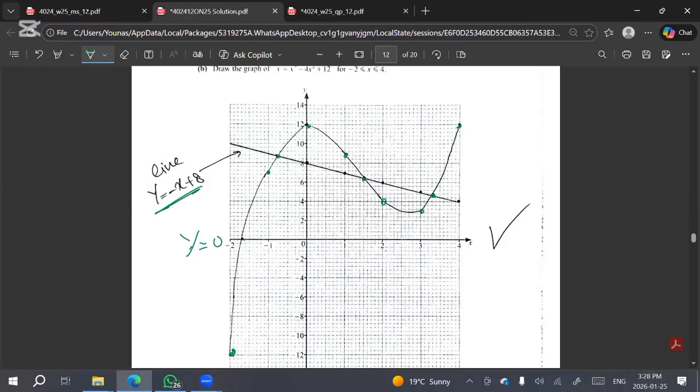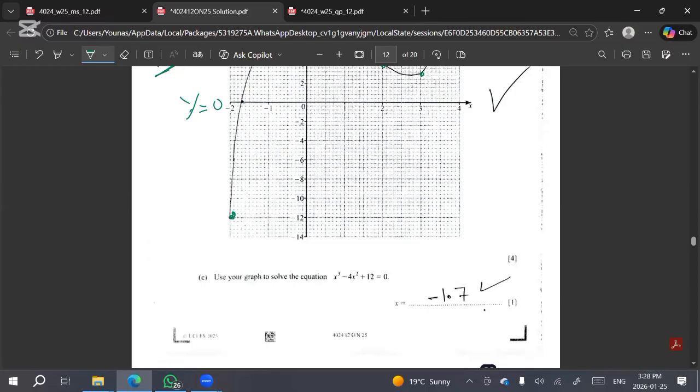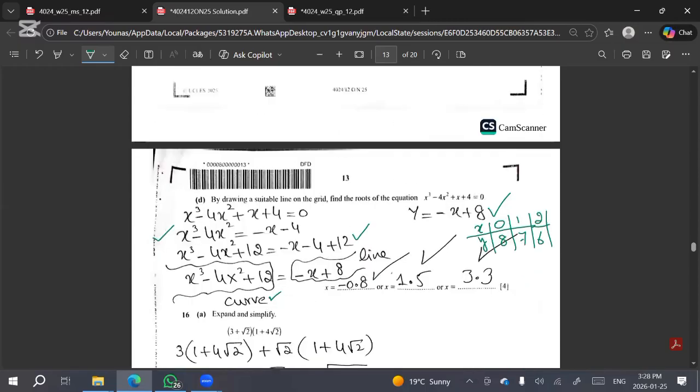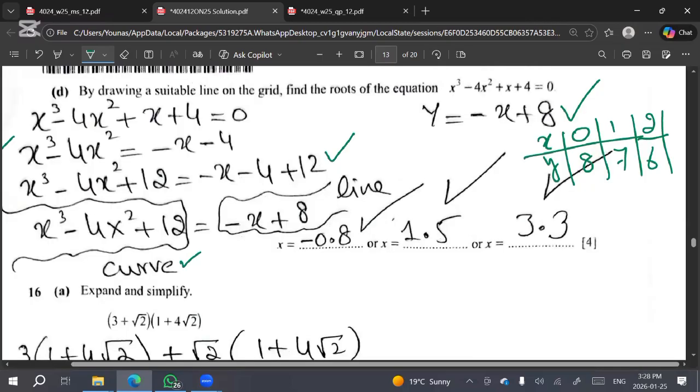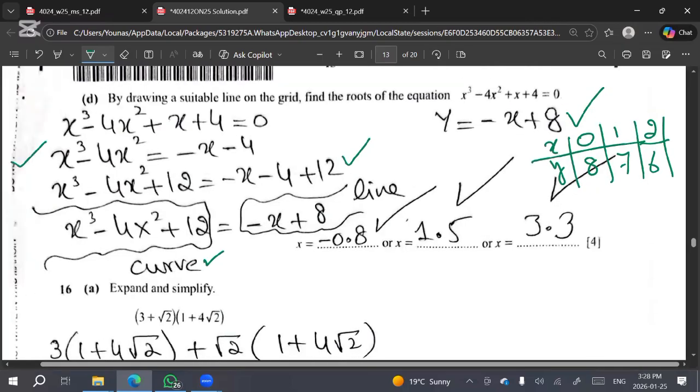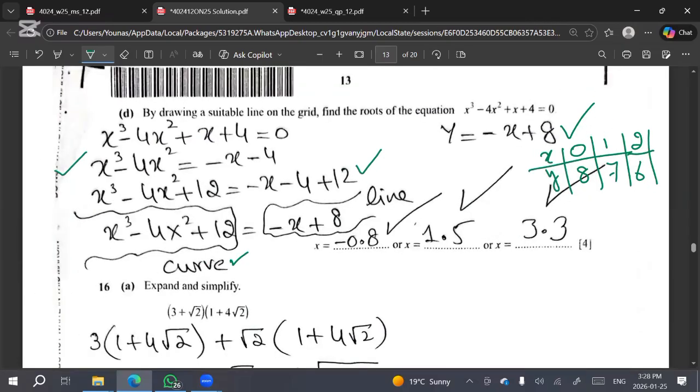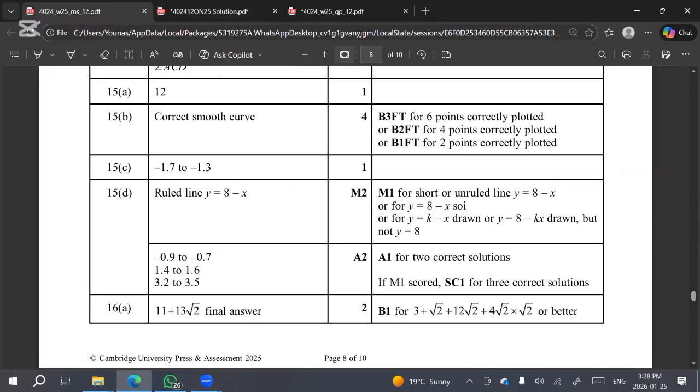So I will check the x coordinates of these 3 points of intersection, and that will be the solution. Okay. So I checked those points of intersection. One is minus 0.8, the other one is minus 1.5, and the other one is 3.3. So my answers are these. You can see the answer is right there.